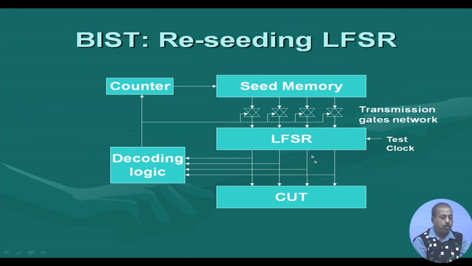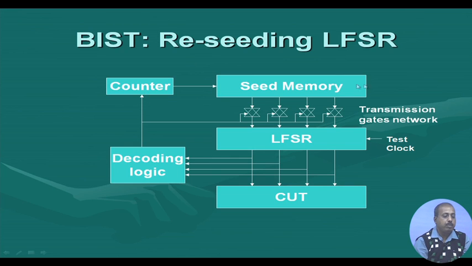The LFSR now operates, and the decoding logic continually monitors the output of the LFSR. After some time, it finds that from this pattern it is a non-productive pattern. So, it will inhibit this transmission gate for some time, and it will give an up count pulse to this counter, so that the counter value will become 1.